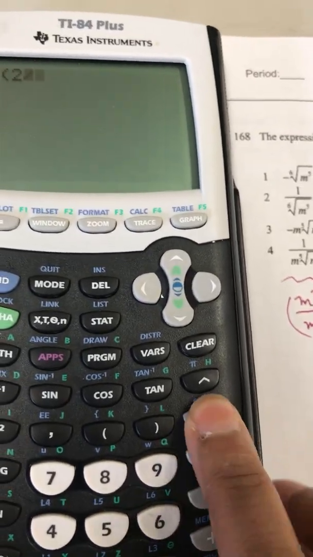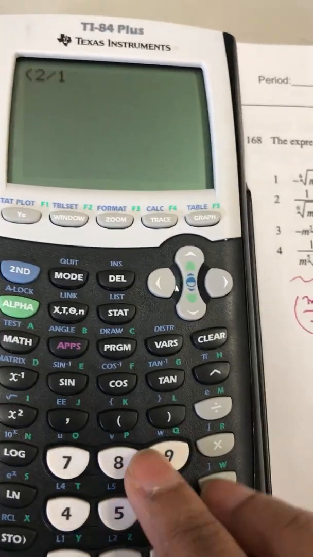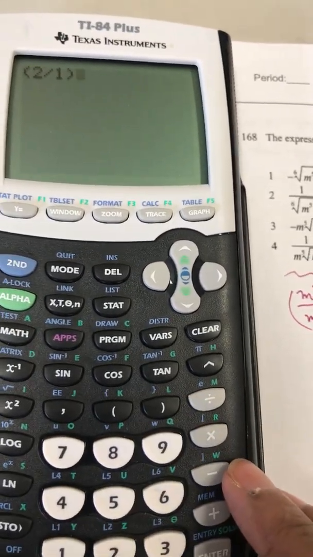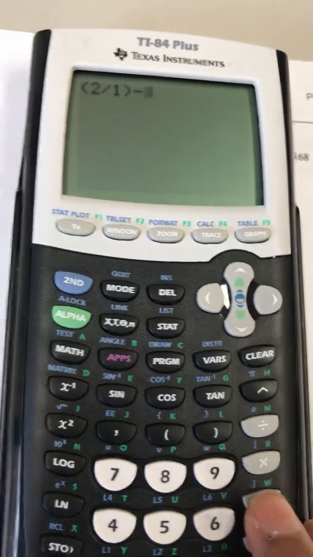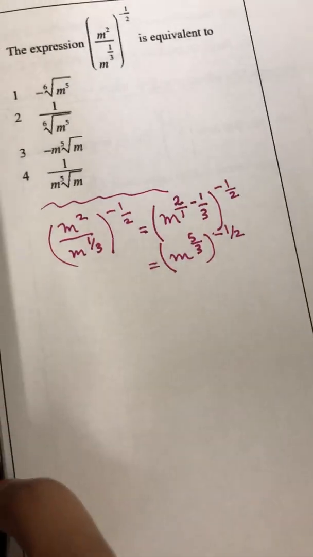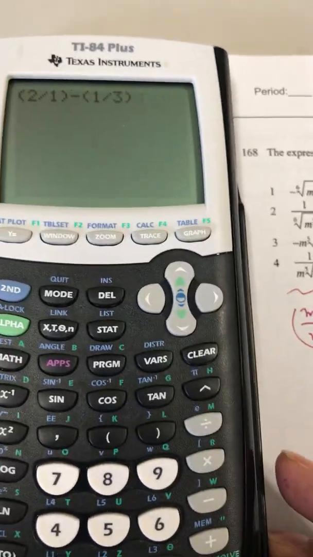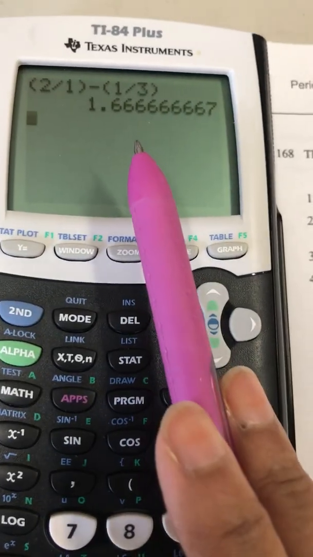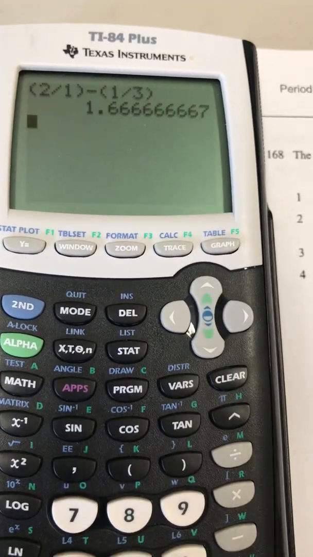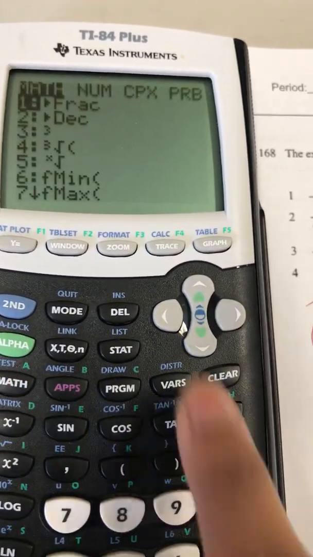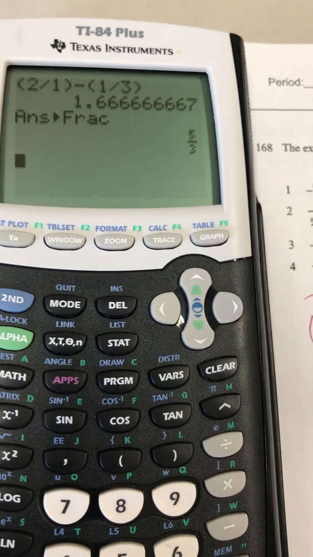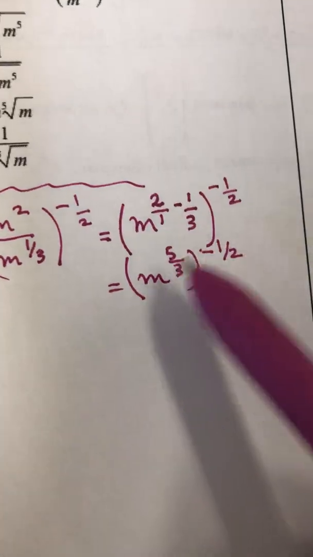So 2 divided by 1, you could have done just 2, but let's be consistent. Minus 1 over 3, so minus open parentheses 1 divided by 3, close parentheses. I get a decimal. How do I convert my decimal into a fraction? I go to math, fraction, enter, and 5/3, and it does verify with what I have here.